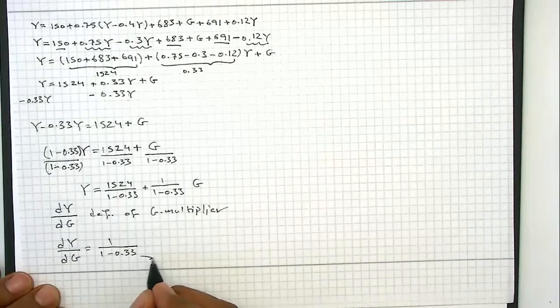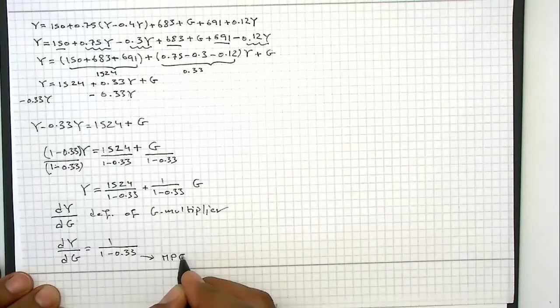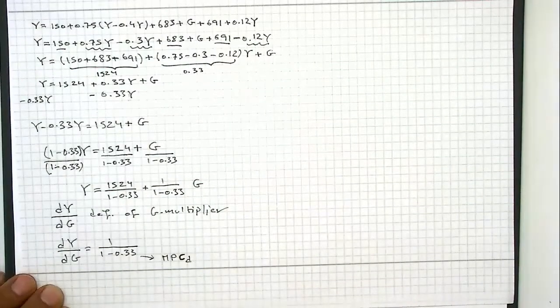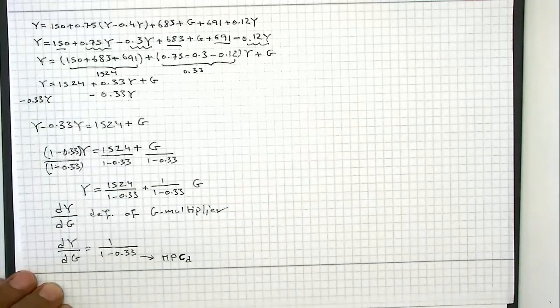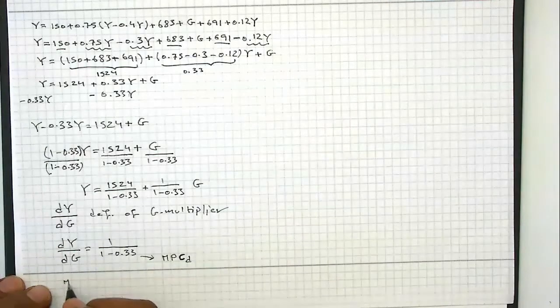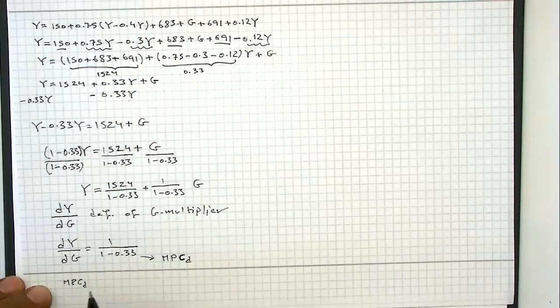And this 0.33 is actually the marginal propensity to consume out of domestic production. And just for curiosity, you can always find this marginal propensity to consume domestic products.